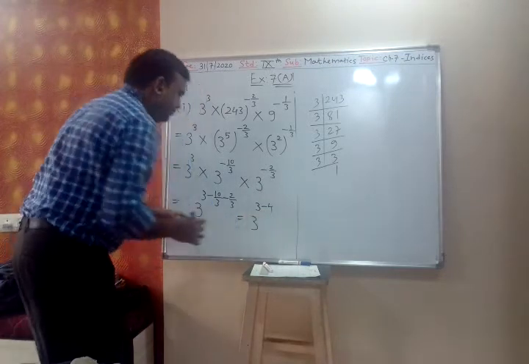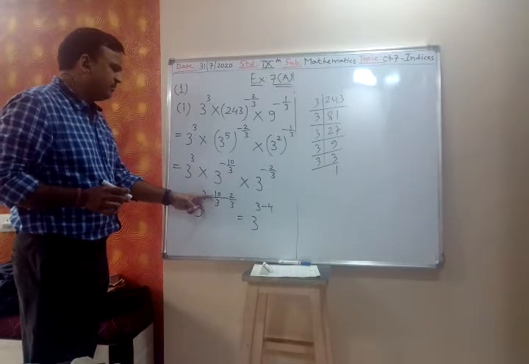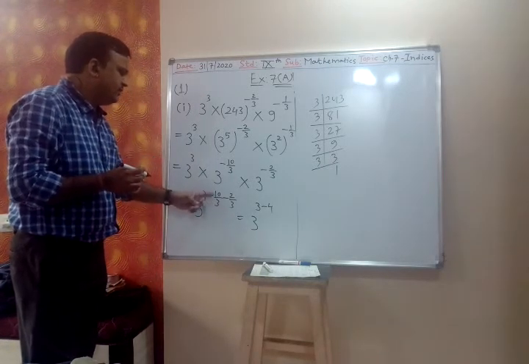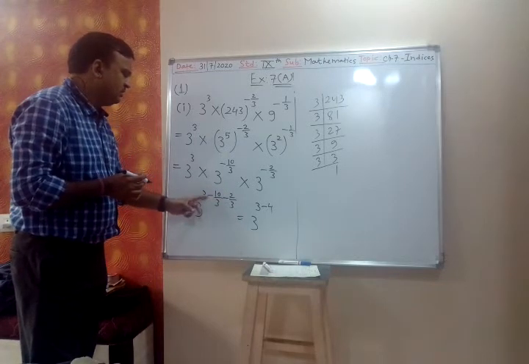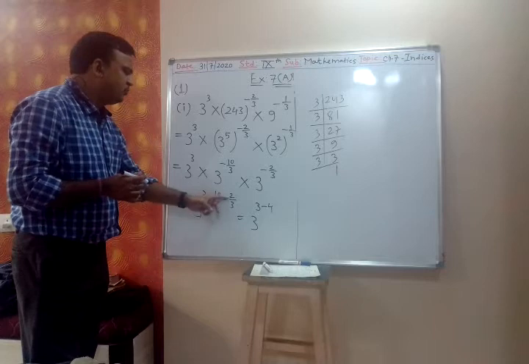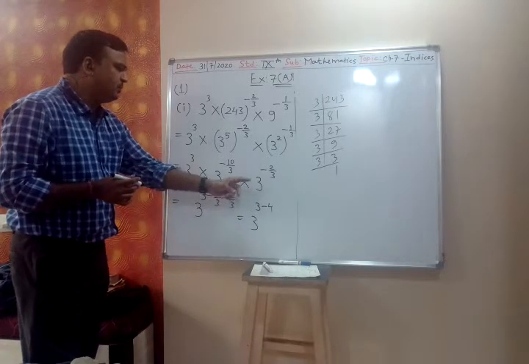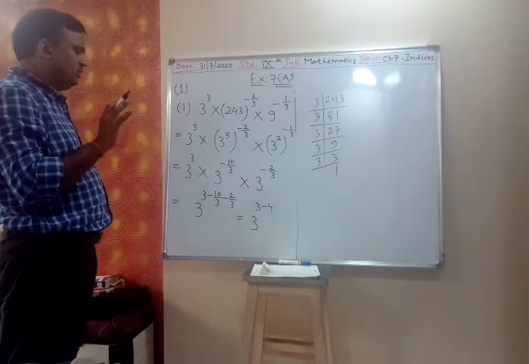Are you getting? Minus 10 by 3 and minus 2 by 3, you can simplify. Minus 10 by 3 minus 2 by 3 is minus 12 by 3, which I can write as minus 4.